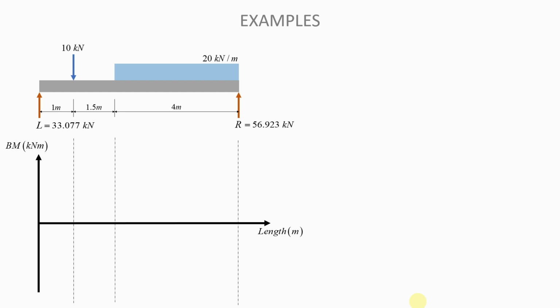We then calculate our moments at the cut. Clockwise moments are taken as positive and anti-clockwise moments are taken as negative. So we're making our cuts from left to right at the points of interest. So the first point of interest is where you have this 10 kilonewton force.